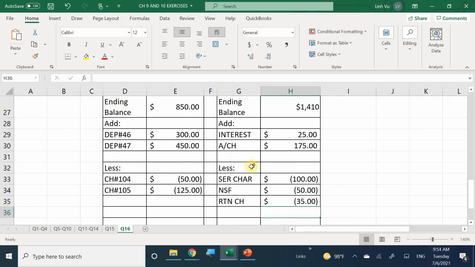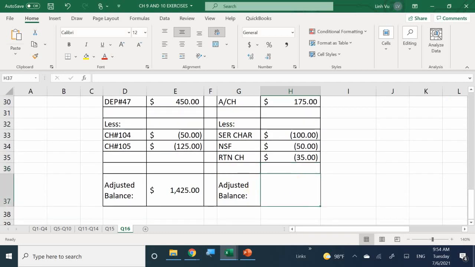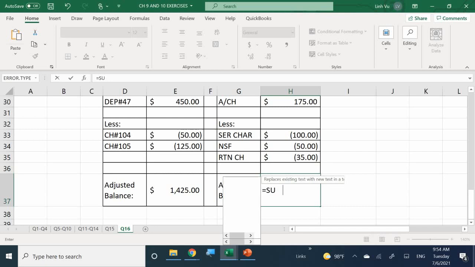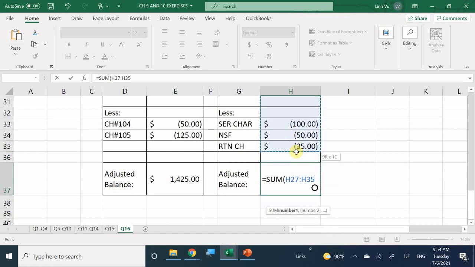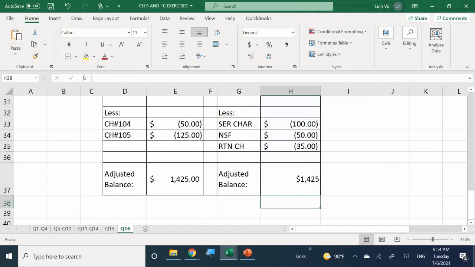Okay. So in this case, what is going to be my total adjusted balance amount? If I started with $14.10, added $200 for the interest and things I've collected, and subtracted $185, what is my adjusted ending balance? 14.25. $14.25.